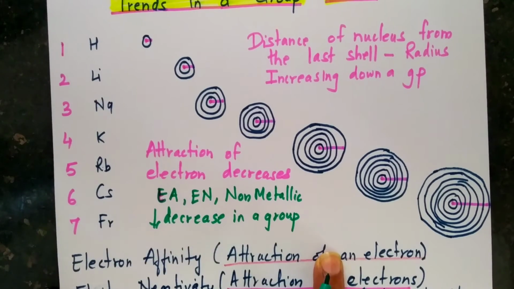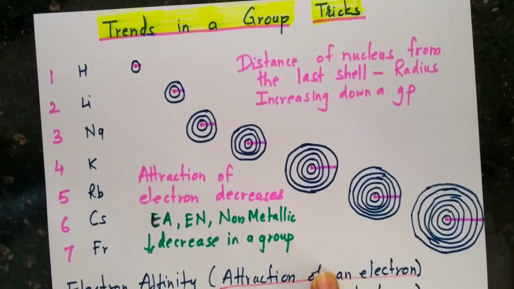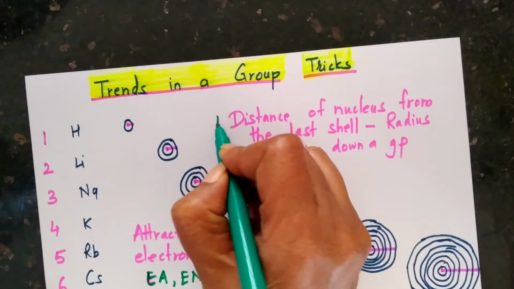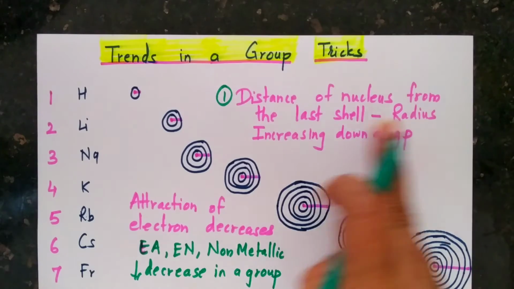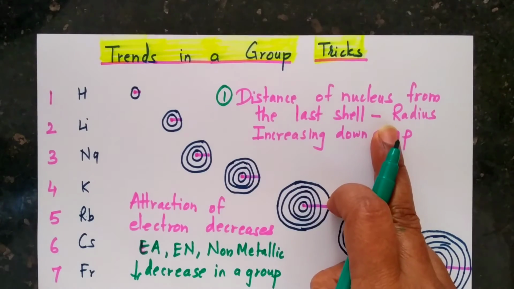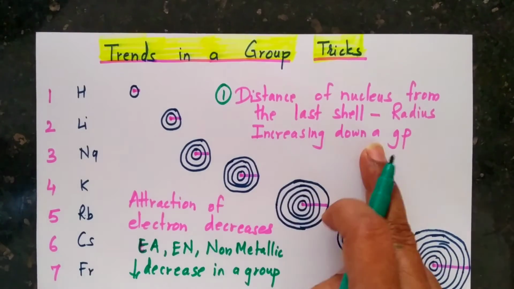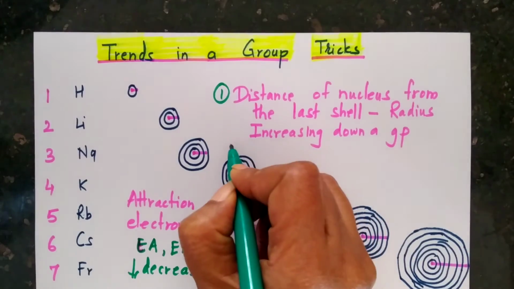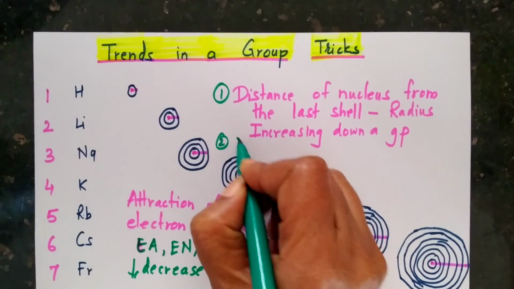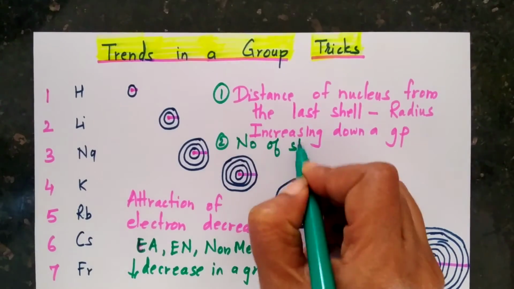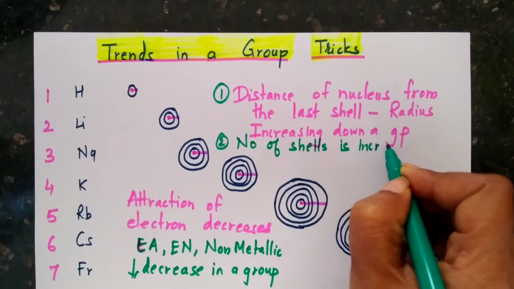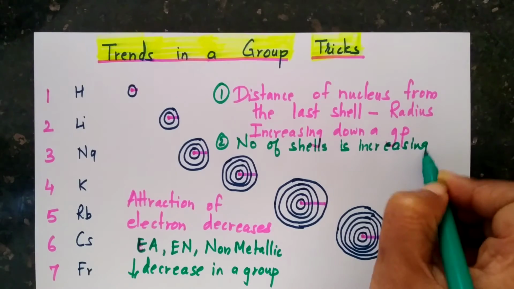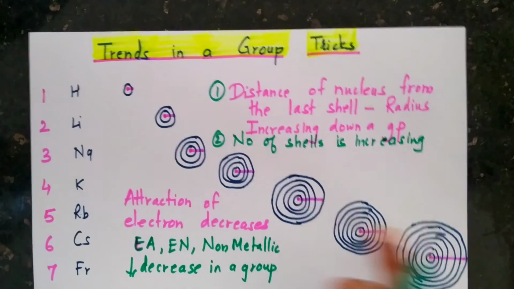Why do they decrease in a group? The first point is that the distance of the nucleus from the last shell, that is the radius, is increasing. It is increasing because the number of shells is increasing.